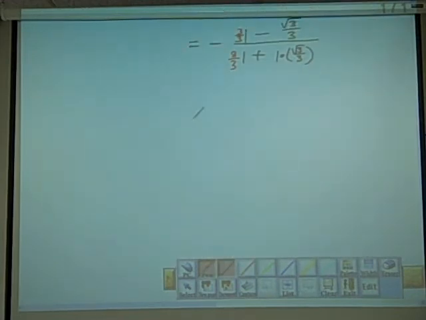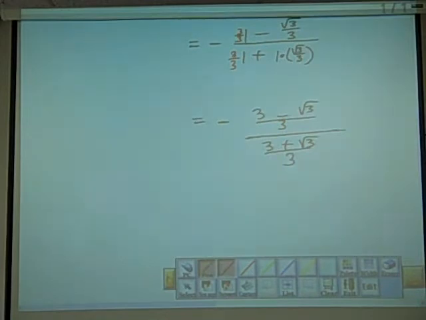So that, here we have a negative 3 minus square root 3 over 3, and that's going to be over 3 plus square root 3. So we can go ahead and just make this all one denominator at 3, right? At 3. Okay.